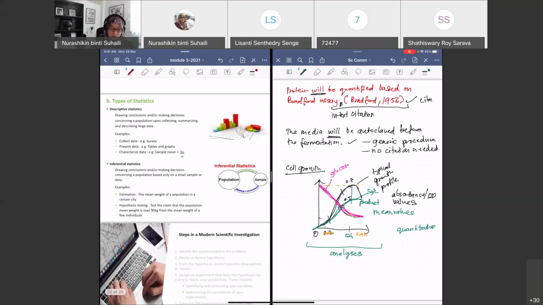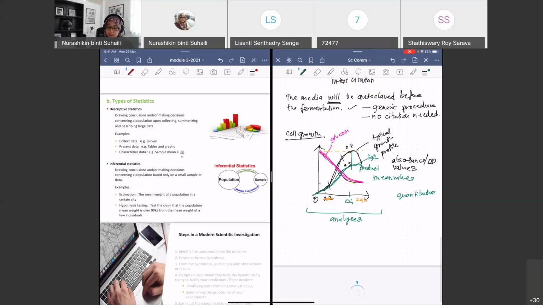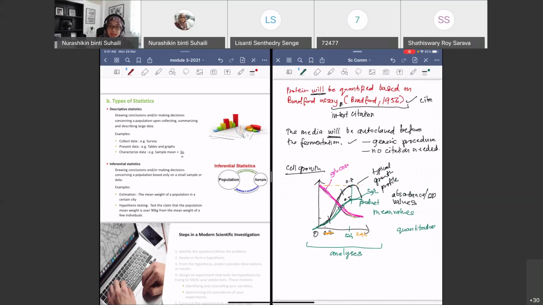Another type is inferential statistics. What is inferential statistics? This has something to do with modeling. Whenever you have data and you use that data to give an assumption or a prediction. Maybe this is not the right data for inferential, but in some research you do some sort of modeling and you say it is predicted that when this happens, that will happen.